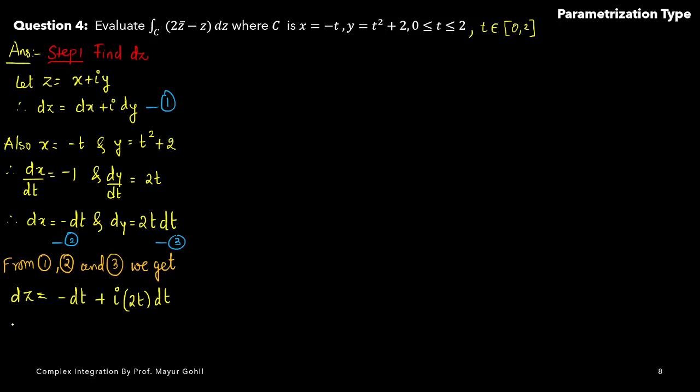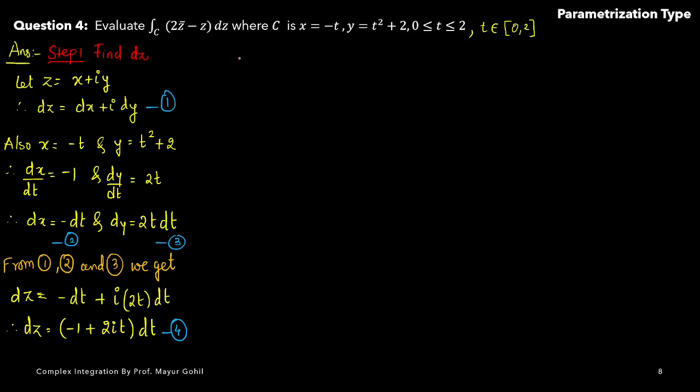Now just take common, therefore dz equals minus of 1 plus 2i t dt. That's what we have, and this will be our important step here. We have got the value of dz now in terms of the variable t. So this is the first important thing. Let us go for step number 2.